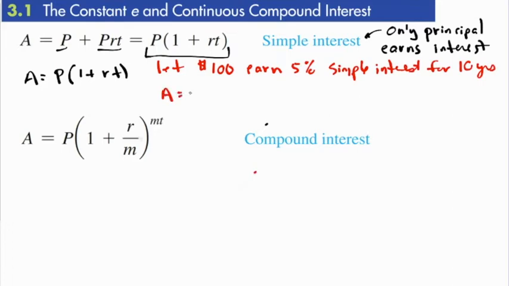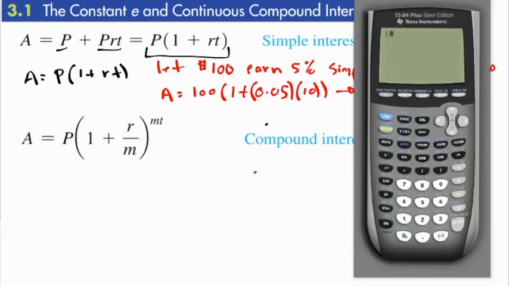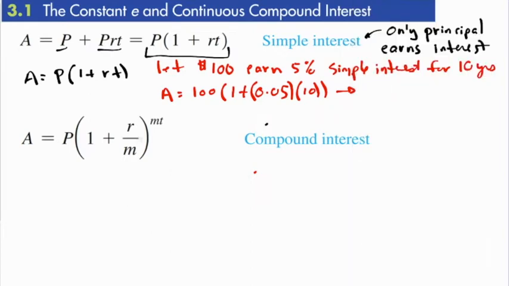Well, then A would be equal to 100 times (1 + ...), we need to express r, which is the interest rate of 5% as a decimal, so 0.05 times t, the number of years, 100 times (1 + 0.05 times 10 years) gives us $150.